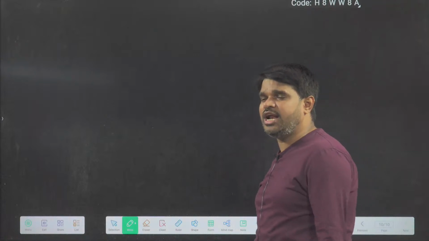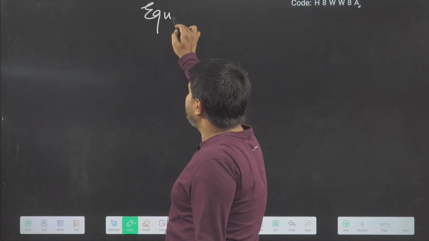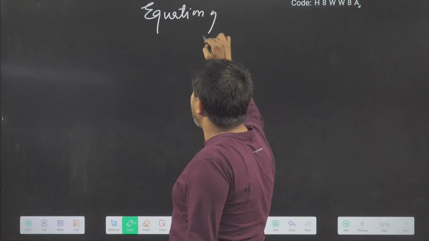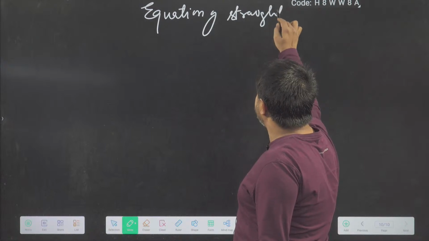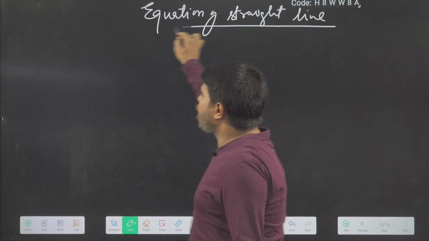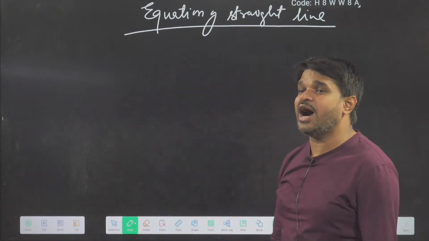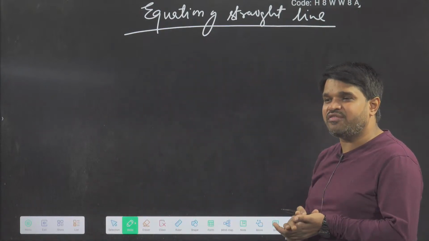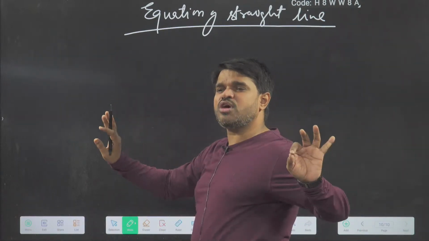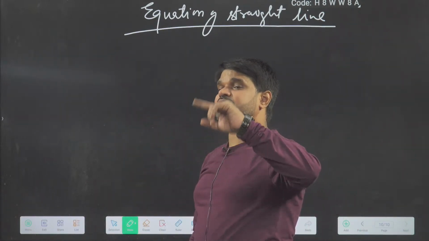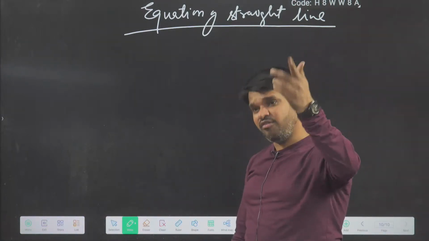Now let's write the equation of a straight line. Let's understand what form of equation we are going to use. There are many forms of equation, but we are going to discuss the form which is easy and helpful for us.